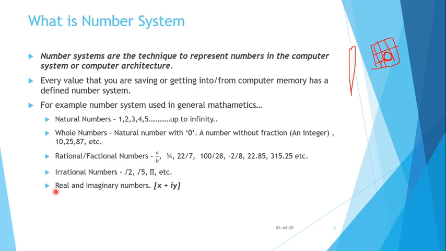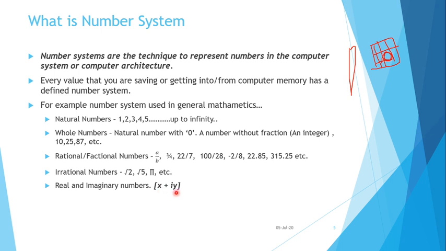And then we have something called real and imaginary numbers, where the format is given as x plus iy. These are also called complex numbers. Complex numbers have real and imaginary parts, where x is real and y, which is connected with this i, is imaginary, right?